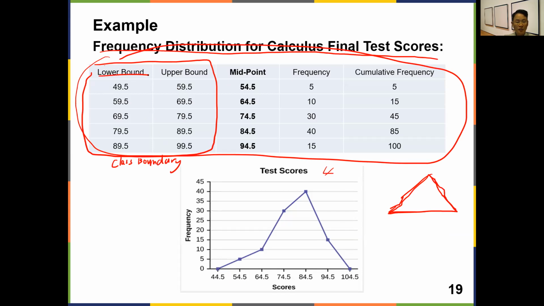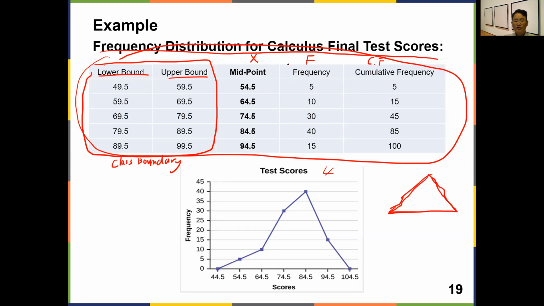You have the lower boundary and upper boundary. You have midpoint, which was x before, and you have the frequency, and you have a cumulative frequency. Now, remember, how do they get this cumulative frequency?